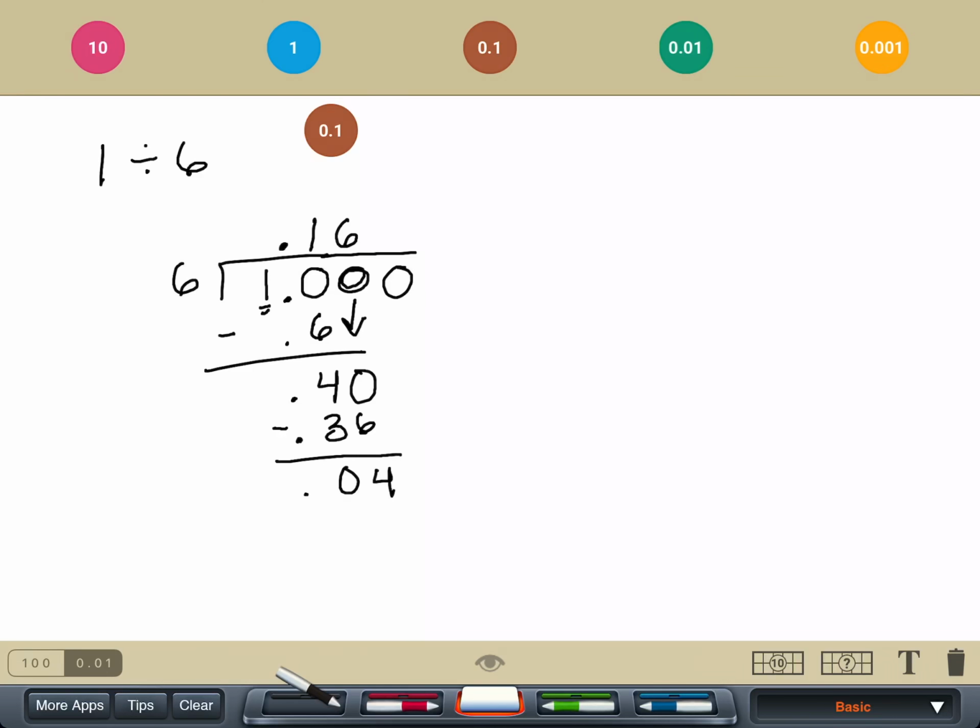Again, we only have 4 hundredths down here, but we have 6 parts over here. We are going to need to bring this down, and we're going to need to rename our 4 hundredths as 40 thousandths. 40 thousandths divided by 6 is going to be 6 thousandths in each.